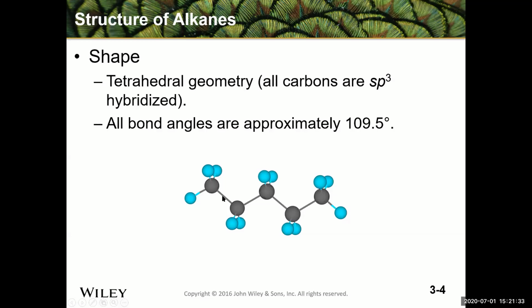The electronic geometry about each carbon is tetrahedral with 4 single bonds, and the molecular geometry about the carbon atoms in the alkane is also tetrahedral.